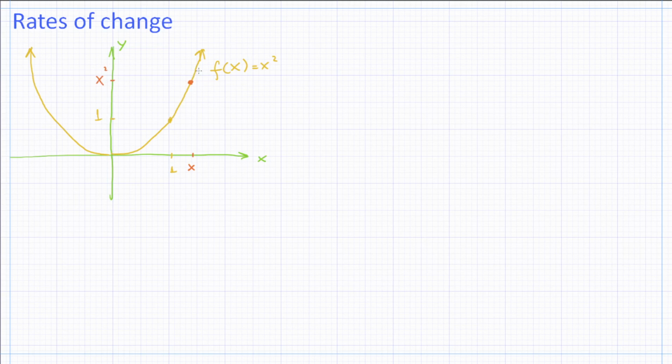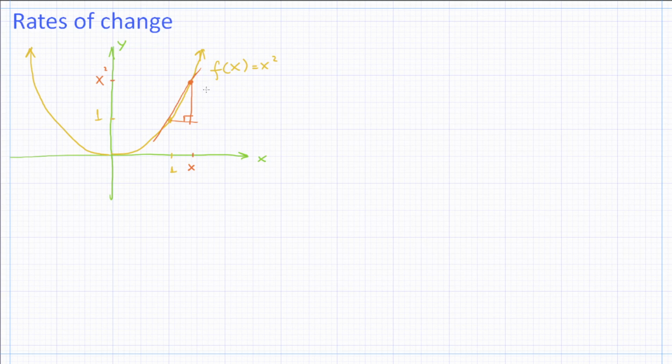And if I take a gradient here, I would have my chord. So what would be the equation of this chord? How do we get the gradient of this chord? Well, we can close a triangle here, right?